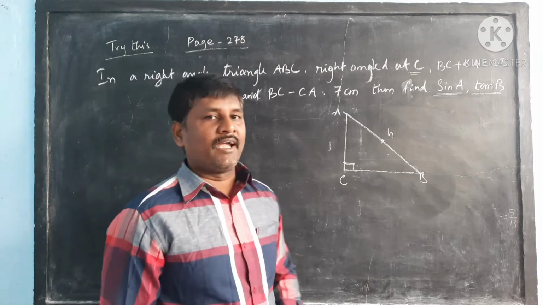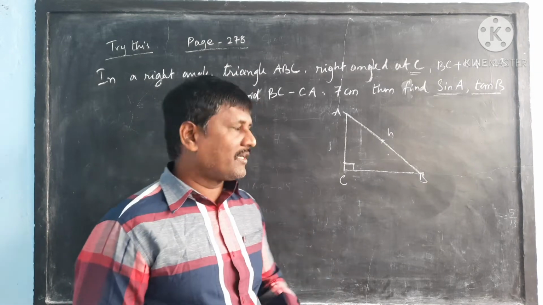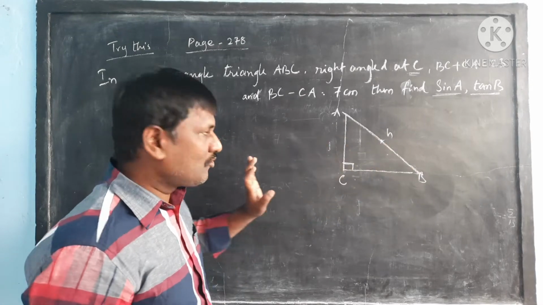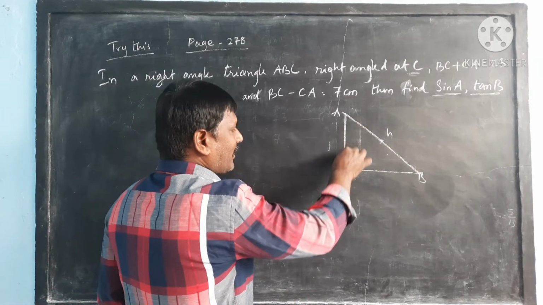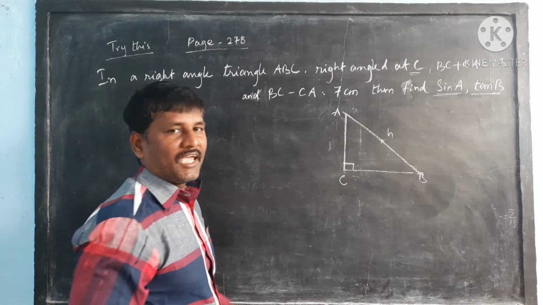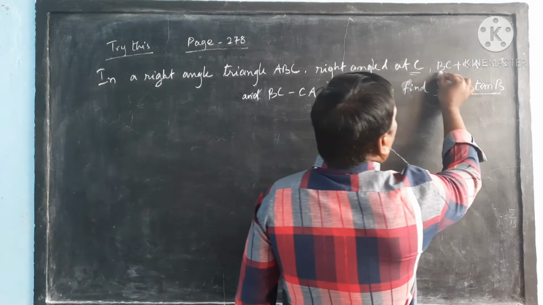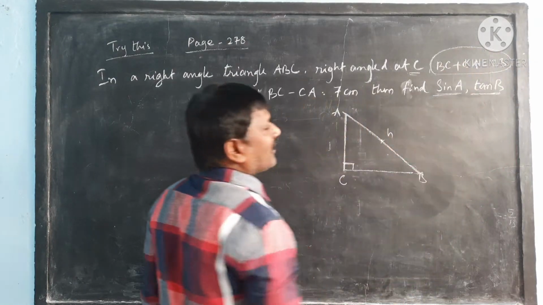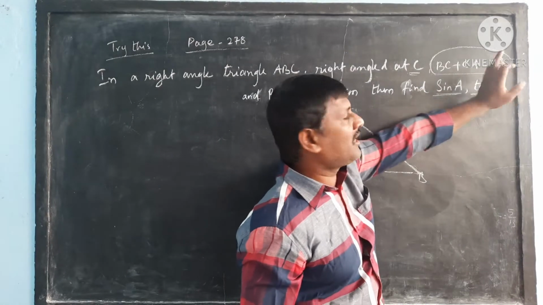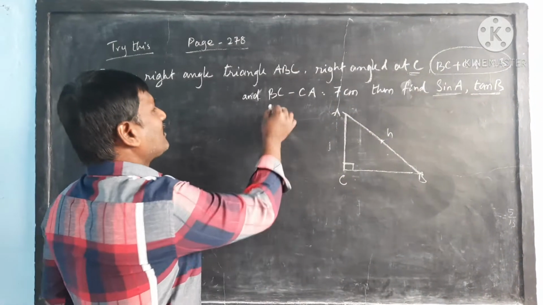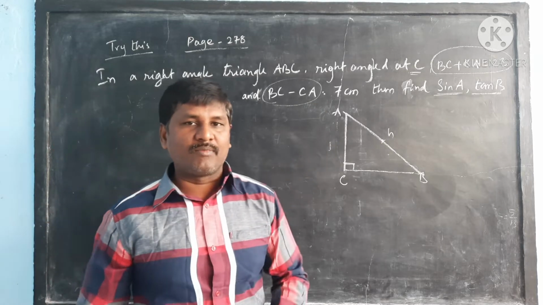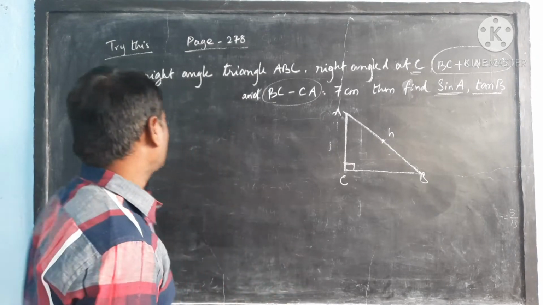Now we have to find the individual measurements of the sides AB, BC and AC. This is because the sides are given jointly: BC plus CA combined is 23 and BC minus CA is 7. So first you need to find the measurements of the individual sides. Let us start the solution.